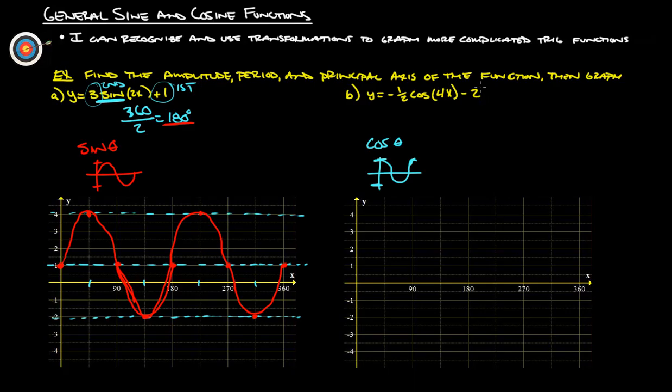Okay, so first thing I'm going to do, start with this. -2 is going to be my principal axis. That's going to be my middle. Okay. And then from there, I'm only going to go up a half and down a half. Doesn't matter about the negative. That's going to just tell us which direction that's going to start. So I'm going to go up a half right here. I know it's really skinny here, but that's okay.